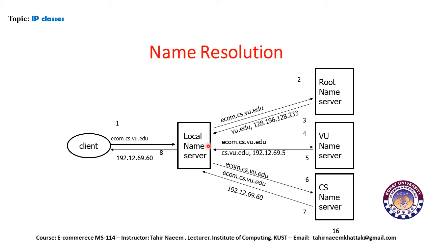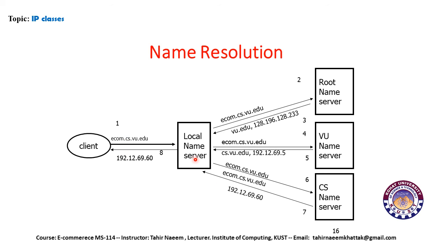The local name server then sends this address to the vu name server, shown by 4. The fifth step involves the vu name server sending the address of the cs name server, cs.vu.edu. So the local name server sends it to the cs name server, and the cs name server sends the complete IP address of the corresponding URL.